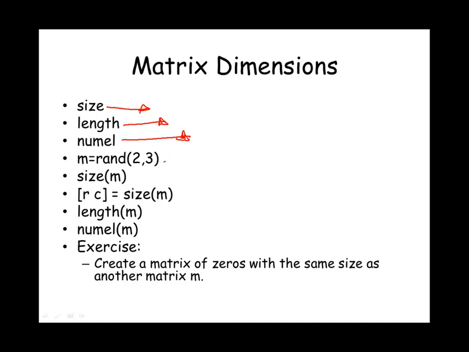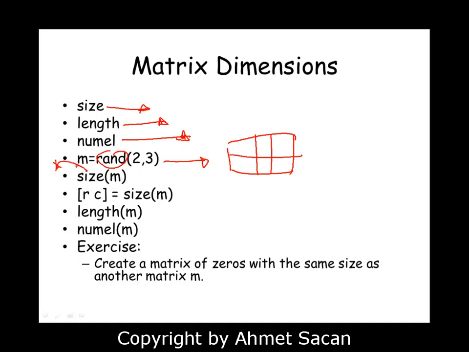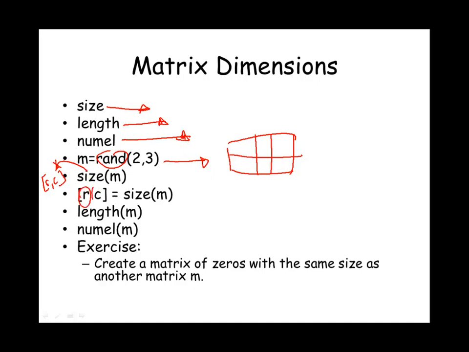In this example, we create a random matrix that contains 2 rows and 3 columns. Size m will return a vector, and this vector will have 2 values, number of rows and number of columns. You can store these 2 values in 2 variables called r and c.